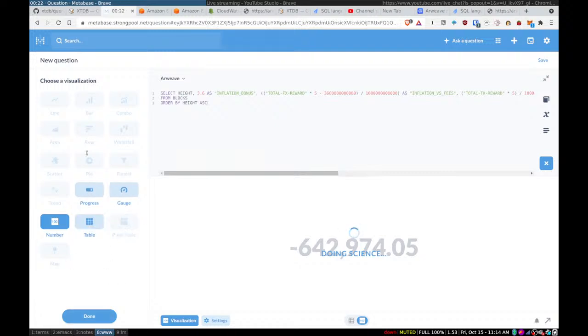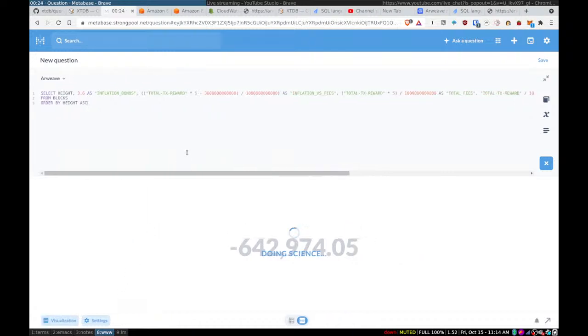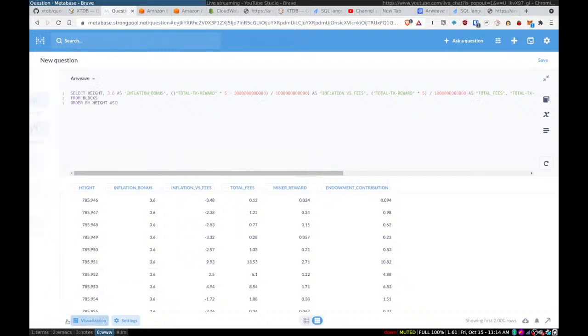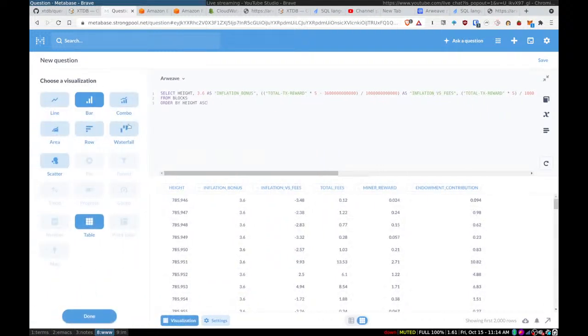Number table. I should be able to do a bar chart. Maybe I gotta wait for it to finish in order to pick that. Okay, hopefully now. Yeah, okay, bar chart.